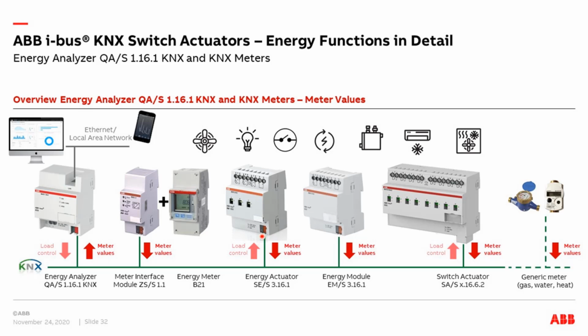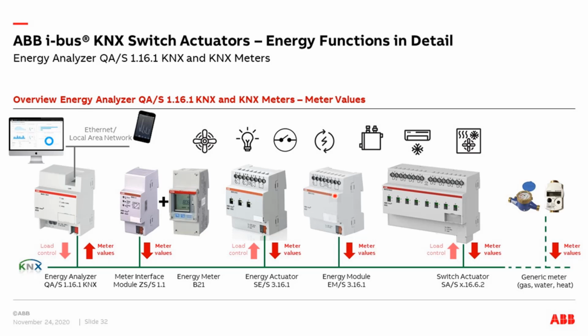Another meter can be, for example, the energy actuator, SES. This is a switch actuator with 3 channels and a built-in energy meter. All the meter values can be measured, power, energy, frequency, per channel or per complete device, and sent to our energy analyzer. Another device is the so-called energy module, EMS.